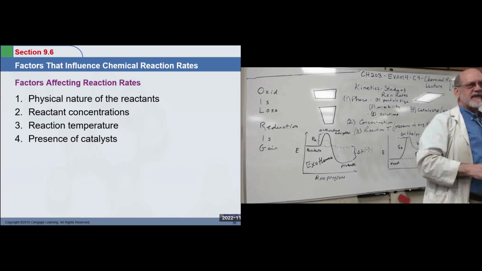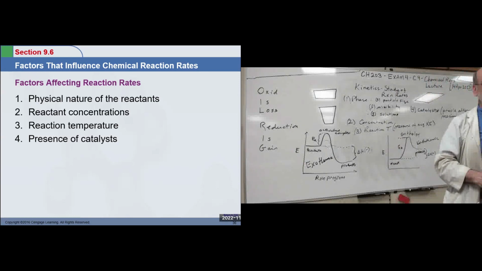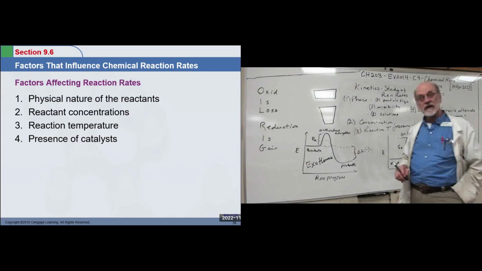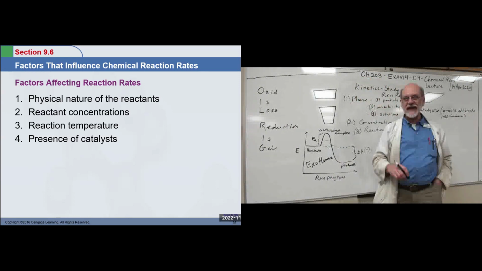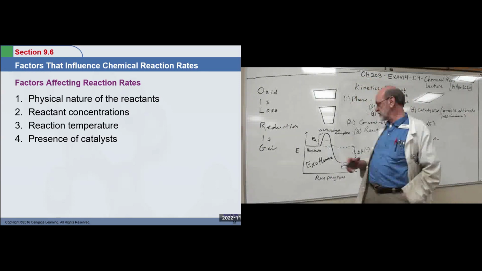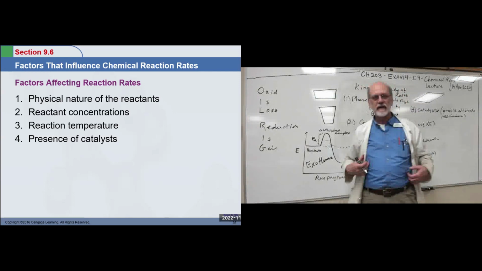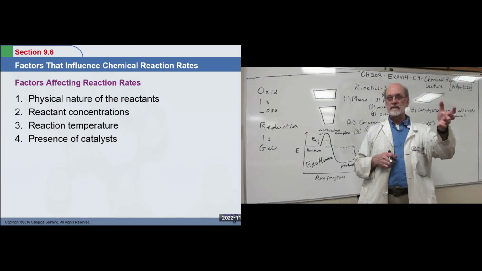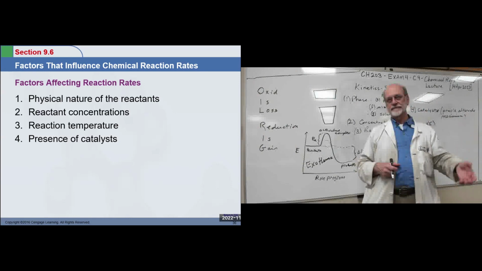A good example of that is the catalytic converter in your car. It takes incomplete combustion products from your engine, runs them over a platinum palladium catalyst, which is in a ceramic matrix, and it causes those reactants to proceed to less harmful products.